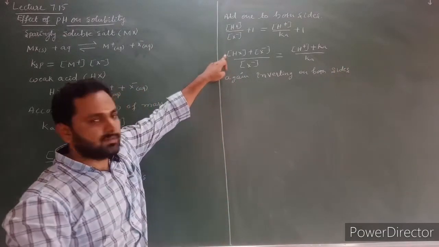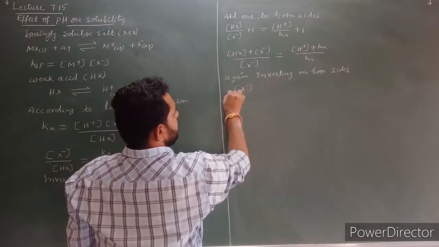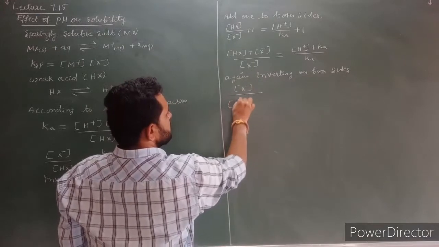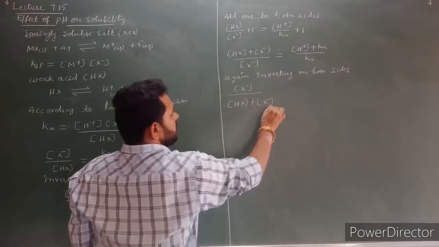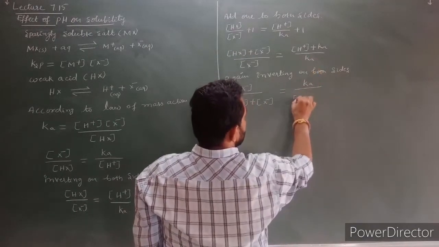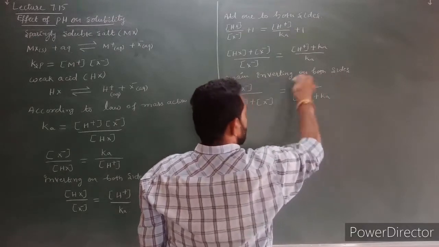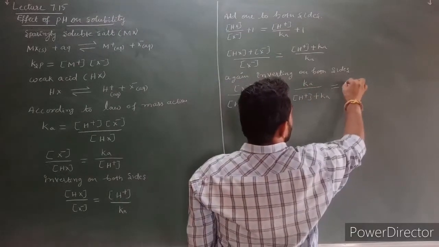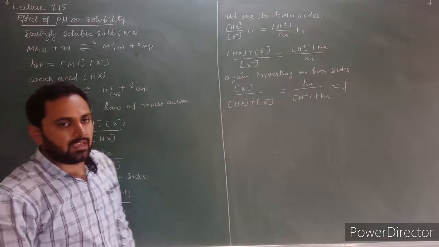The molar concentration of X- divided by the molar concentration of HX plus the molar concentration of X- is equal to Ka divided by the molar concentration of H+ plus Ka. Let us consider this total term equal to F.